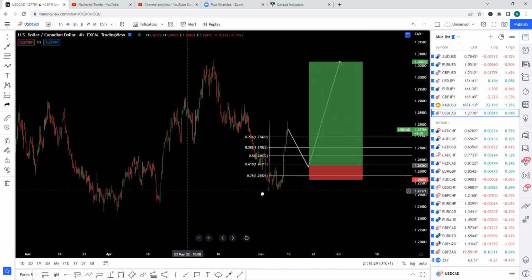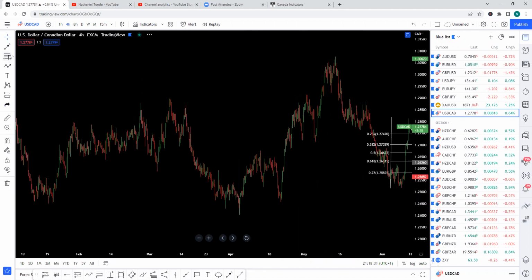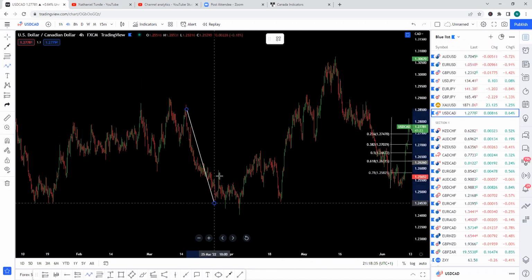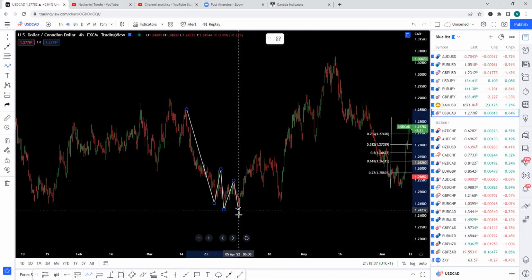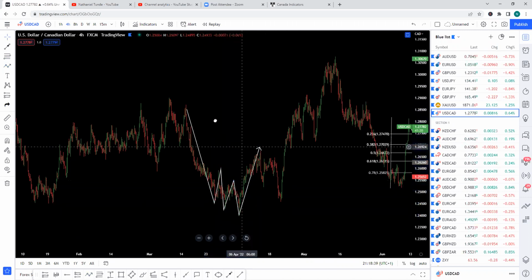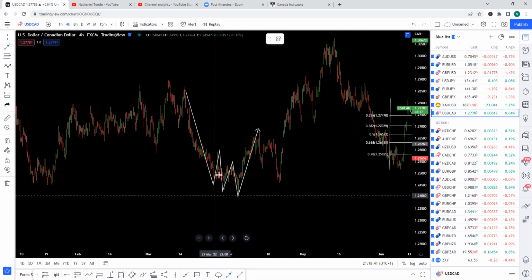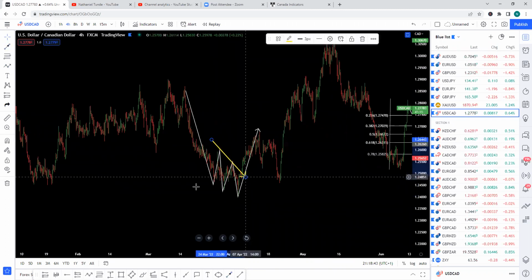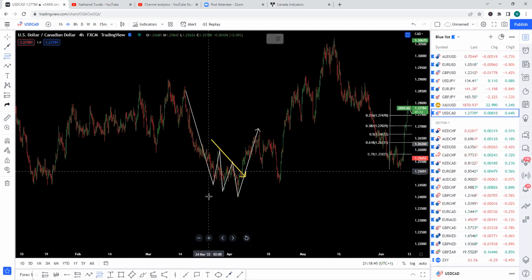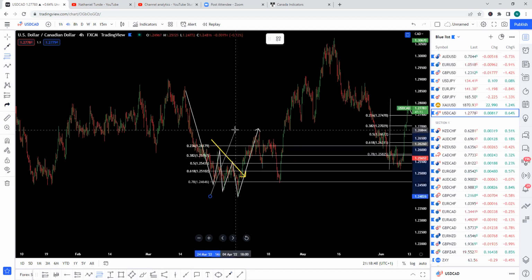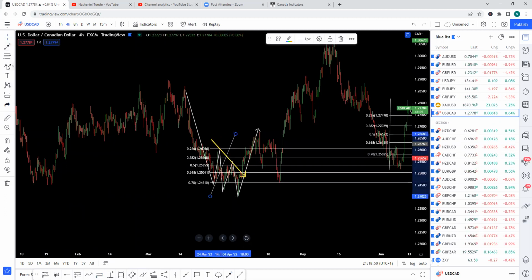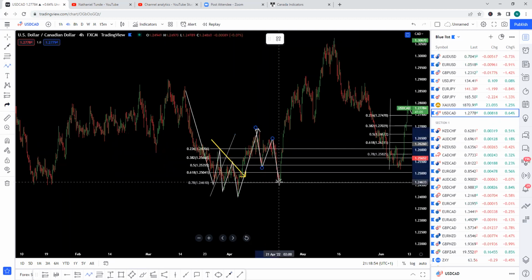Just like this one. This one came, the structure is good. I see the structure is good. All you just need to do is, because this is a zigzag, I told you every zigzag correction will come to 78.